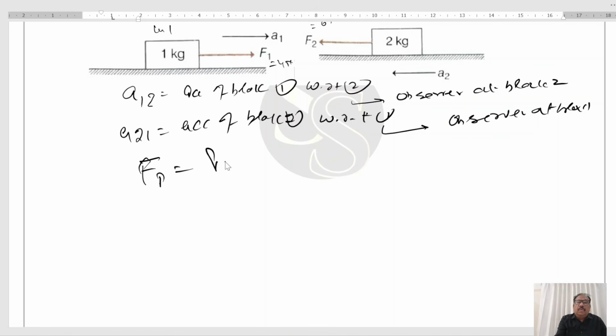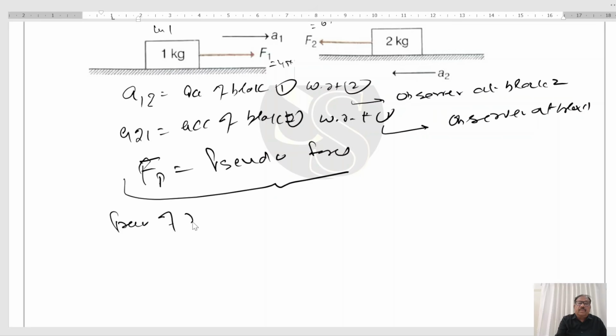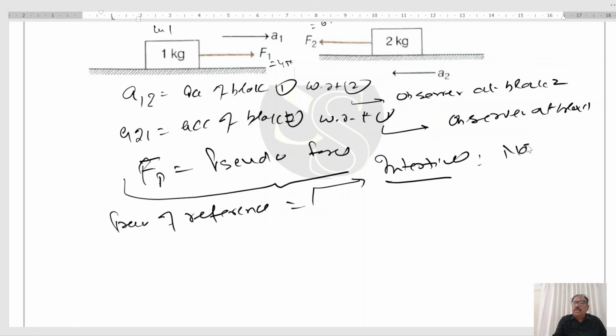FP, that is pseudo force. Now you know frames of reference. What is an inertial frame of reference? That which is not accelerated. A non-inertial frame is one which is accelerated.